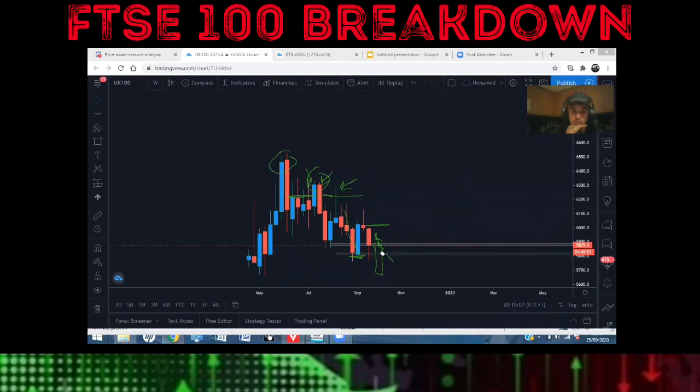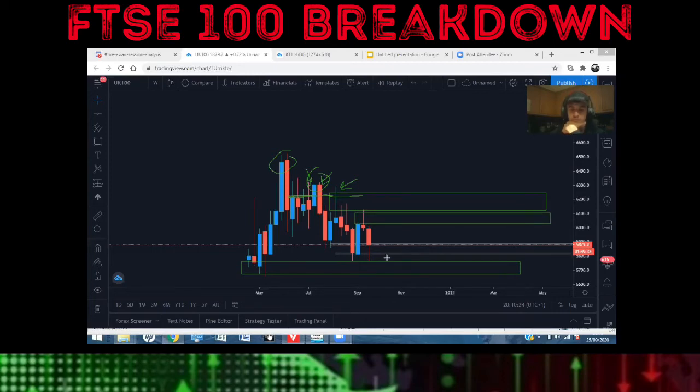So let me just remove some of this. What we want to see is price come down deeper into this area. It looks like it's tapping into this and rejecting it. We can also see here how we're creating these liquidity zones, right? Coming lower.